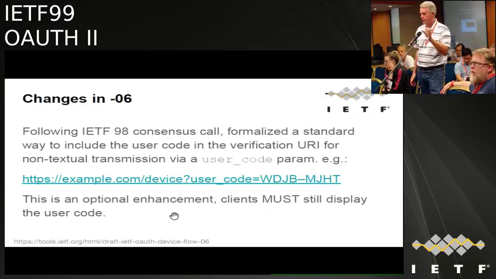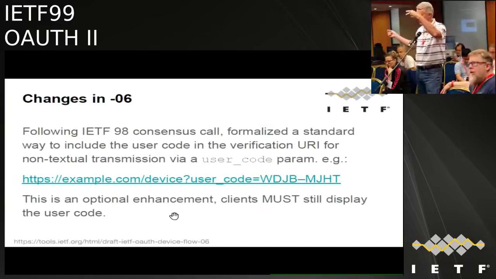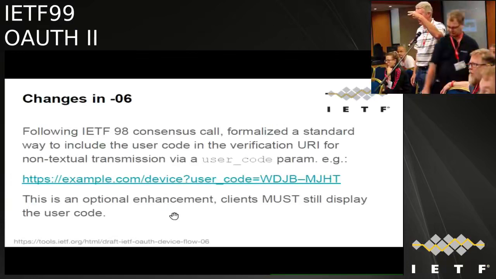In other words, the code is only for typing into web pages, and the composed URL is only for sending it as a parameter. Having what you have on the screen now of user code equals that, which is composed by the client somehow based on these two pieces, pieces 1 and 2, to make this URL, is that option still on the table? Other than the fact that implementations are doing it today, perhaps.